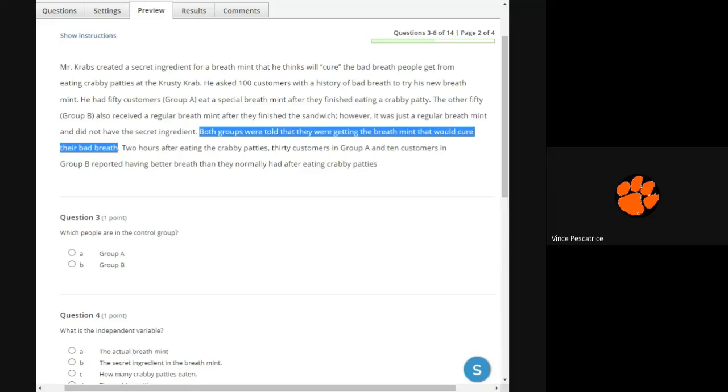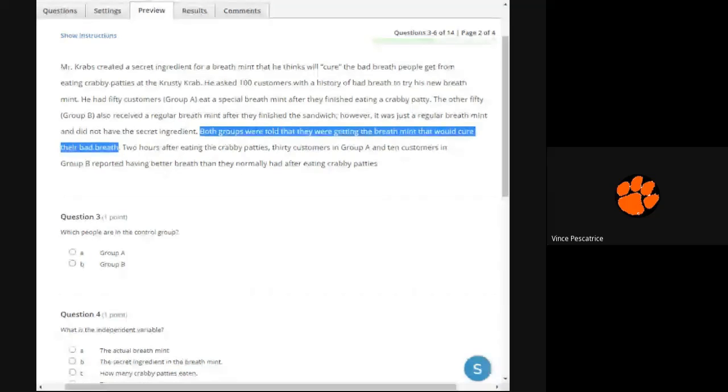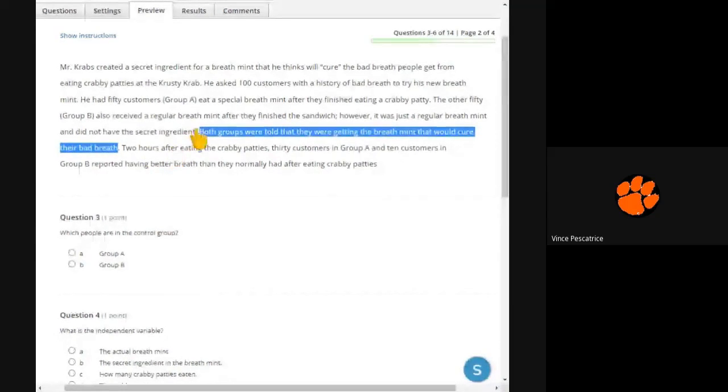But it was actually just water. That's a quick example of what we mean. When you get something that you think will have an effect on you, you might subconsciously feed into that. That's why in this example, you have to tell both groups that they're getting a regular mint, so that it won't skew their results.